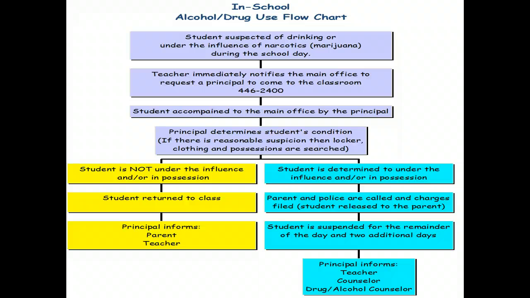So call the main office. The main office would get a hold of a principal, and the principal would go to the student and accompany them to the office and then do the investigation. It doesn't do us too much good if it's a couple days later or even at the end of the day to get this information, because sometimes it's too difficult to do that investigation a day or two later, and so we prefer it to be done immediately.